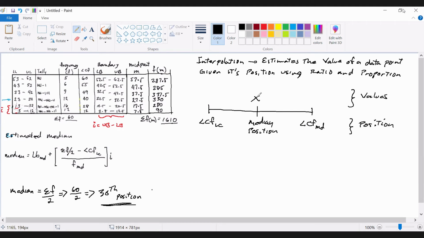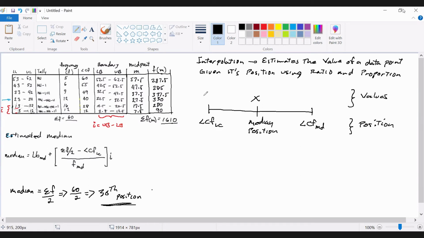How about the values? The value of the median is between what two values? It will be between this value and this value, correct?